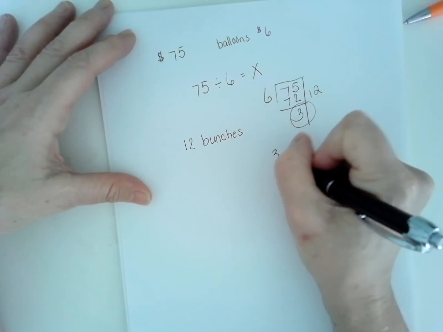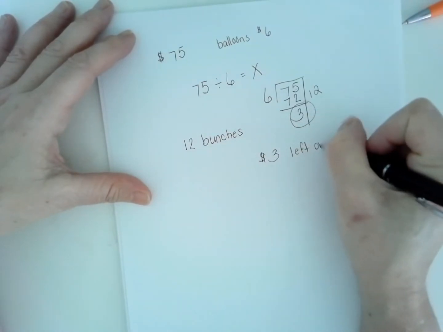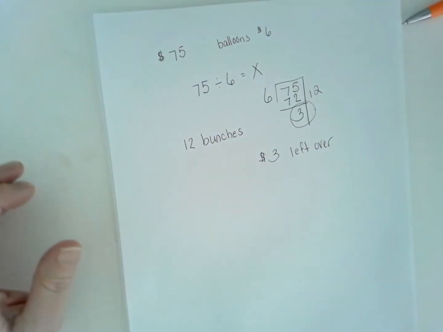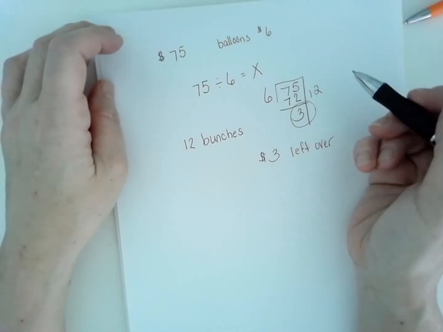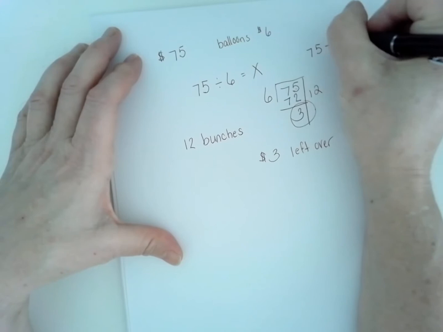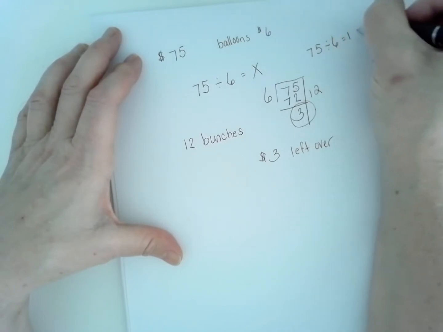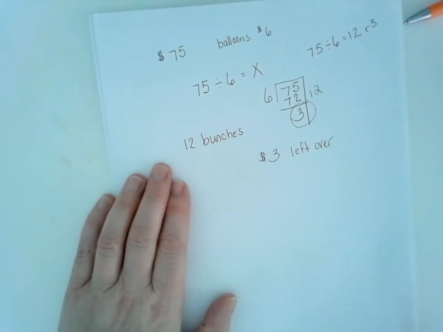So he has $3 left over. So our number model with the answer is 75 divided by 6 equals 12 with a remainder of 3. But our answer is 12 bunches.